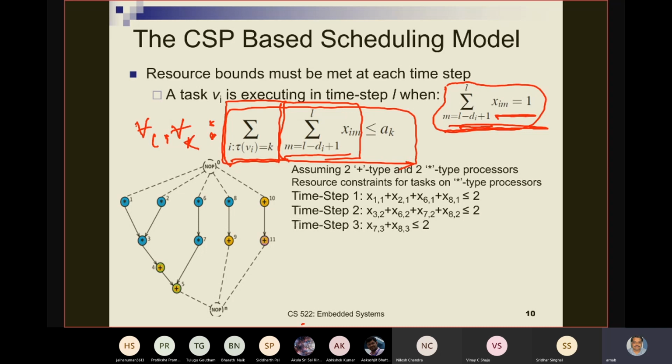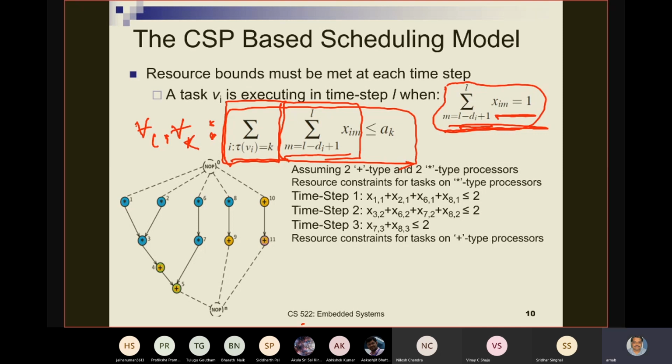Based on that, at time step 3 either x73 or x83 can be there, and this is the constraint that must be satisfied. If you are not understanding, ask. So this is what we had to do for time step 4. There is nothing to execute for the start type processor, so there is no constraint for the start type processor, because no tasks will be executing.